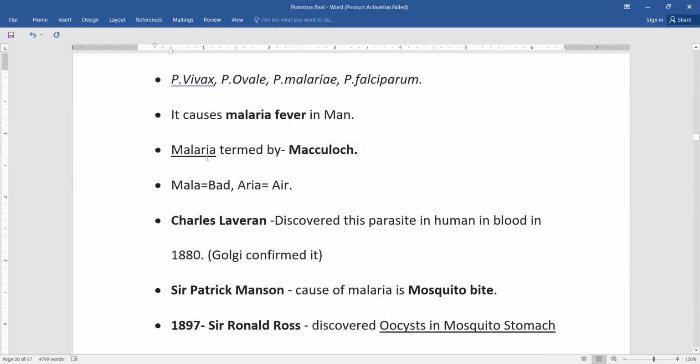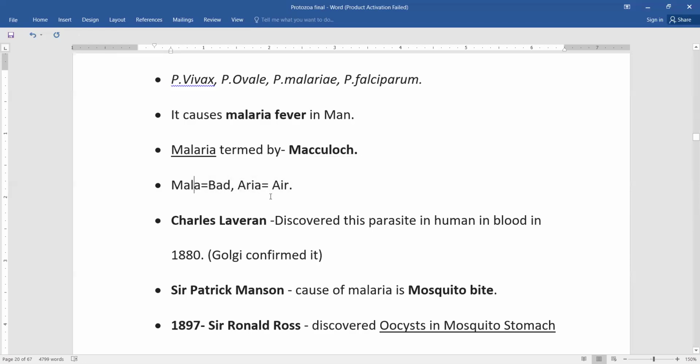The term malaria was given by Marculoge. What is the meaning of malaria? In earlier periods, in the 16th or 17th century, people used to believe that malaria is caused due to bad air. In Latin, mala means bad, aria means air.